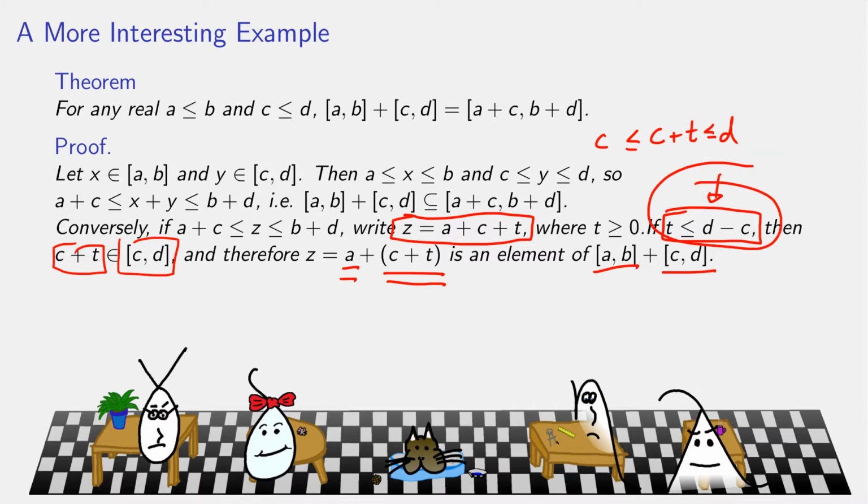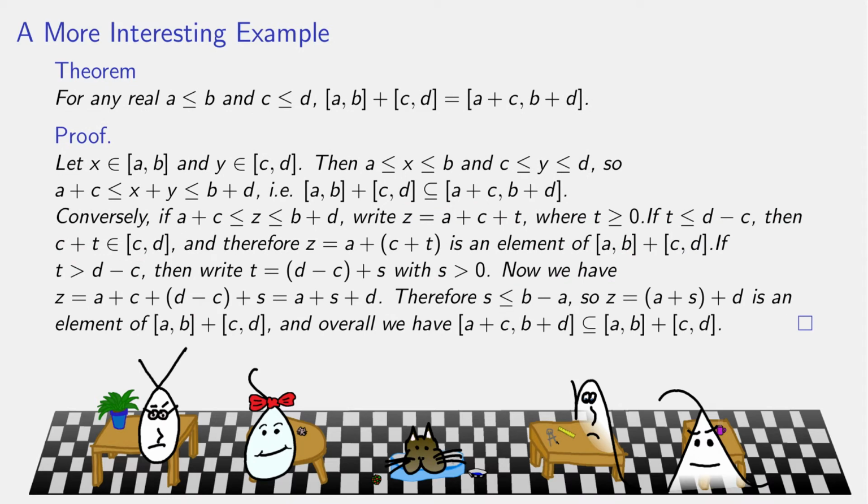Well, what if that isn't true? If t is actually bigger than d minus c, then I'm going to write t as d minus c plus s, where s is non-negative. Since the element we started with, z, was a plus c plus t, and I've just written t in this form, notice the c's cancel out and we get a plus s plus d.